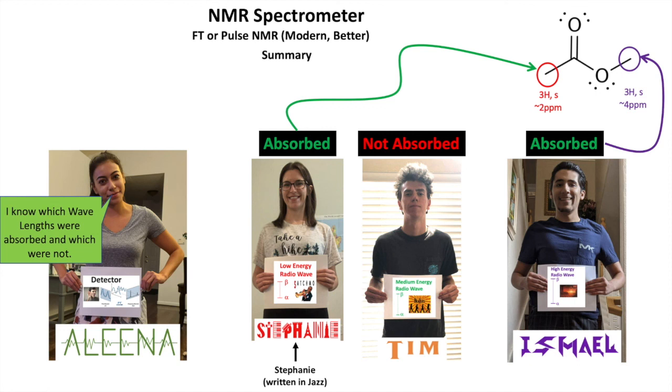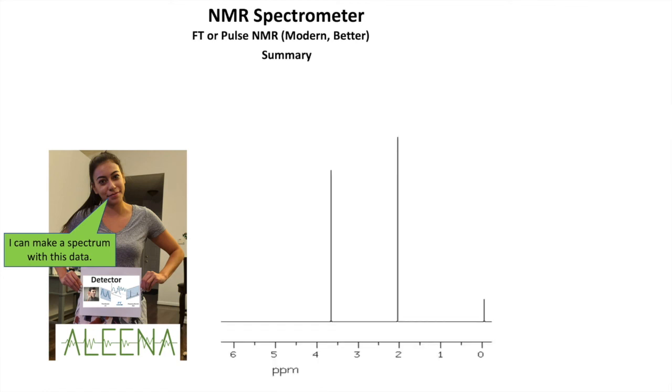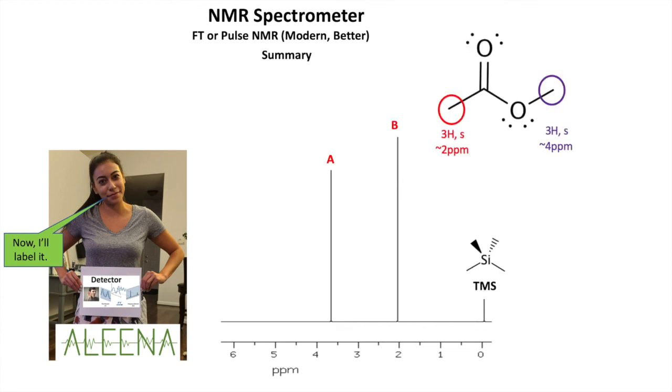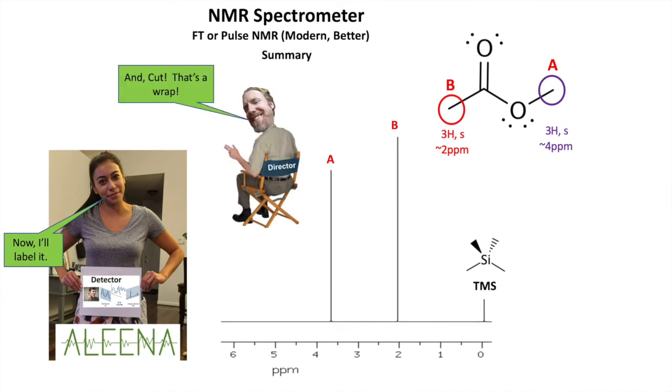I know which wavelengths were absorbed and which were not. I can make a spectrum with this data. Now I'll label it A, B, TMS. Here's our molecule. That's A and that's B. Now, would you be able to tell me this is A and that's B? Not yet, but shortly we're getting to it. You'll be able to. And cut.